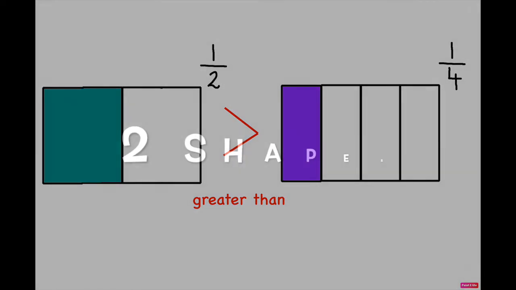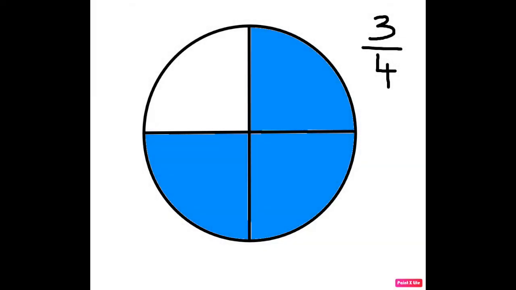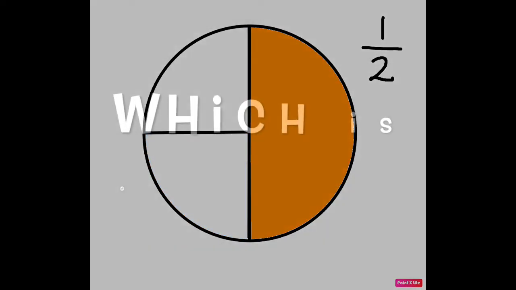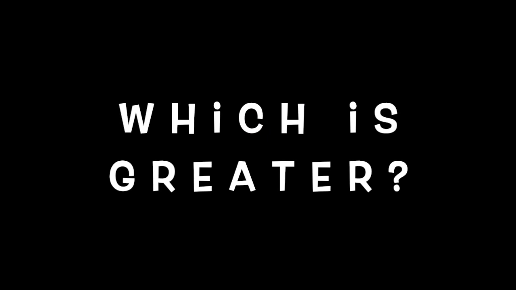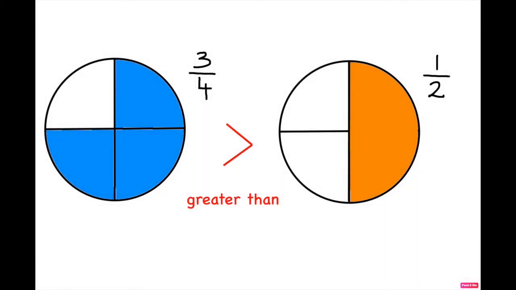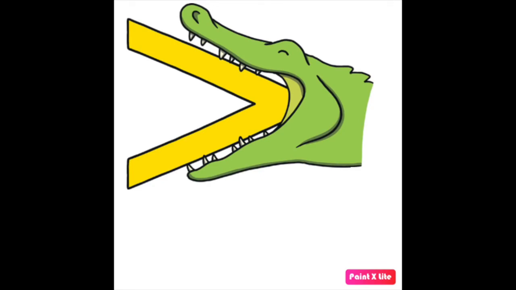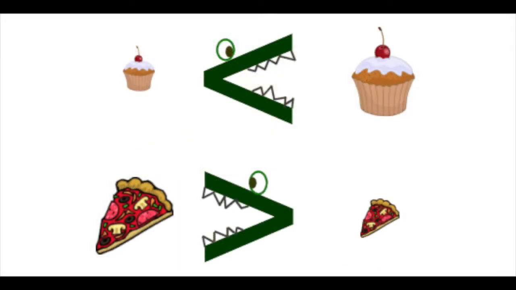How about this? Look at these two shapes. On this shape, 3/4 are colored. But on this shape, 1/2 is colored. Which is greater? Well done. 3/4 is greater than 1/2. And the sign always points mouth open to the bigger fraction, because remember, the greedy crocodile always opens his mouth to eat the biggest amount.